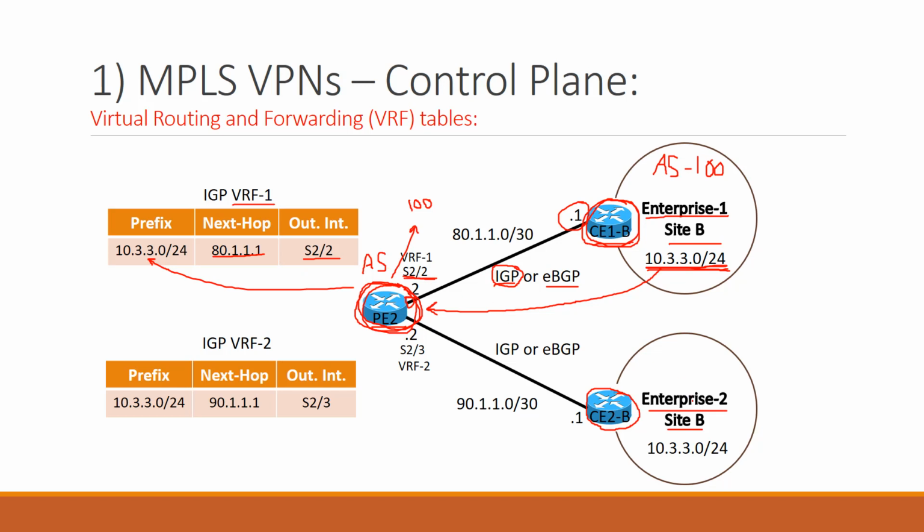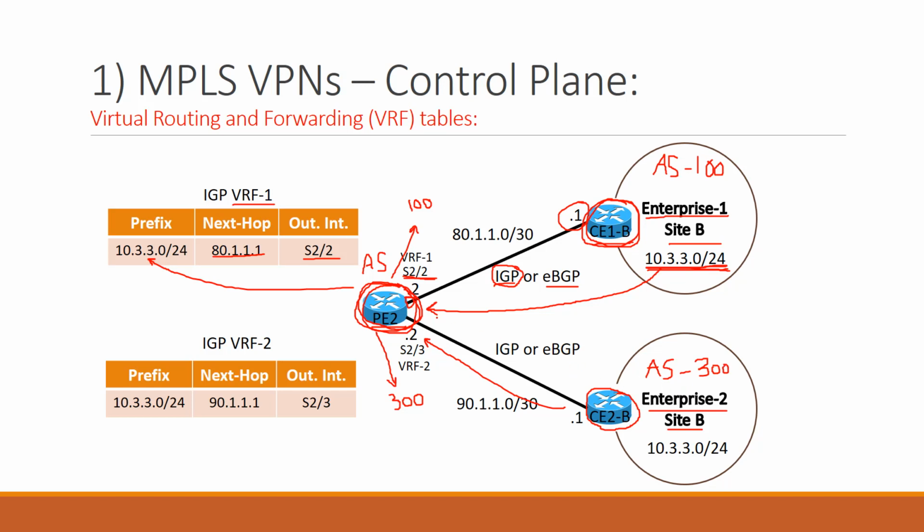Similarly, for Enterprise 2, CE2-B will have EIGRP neighborship with provider edge 2, and there will be an instance of EIGRP dedicated for ASN, or autonomous system number, 300, if we consider that this Enterprise 2 is in autonomous system 300.